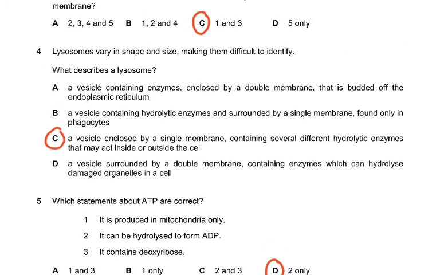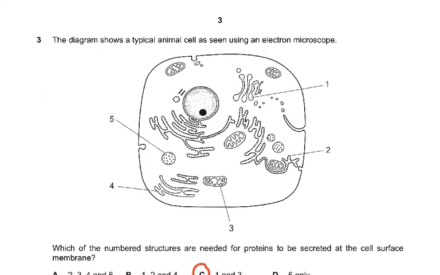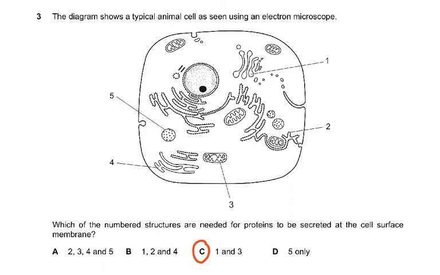Then coming to question 3. Question 3 is a diagram that shows a typical animal cell as seen using an electron micrograph. Which of the numbered structures are needed for proteins to be secreted at the cell surface membrane?